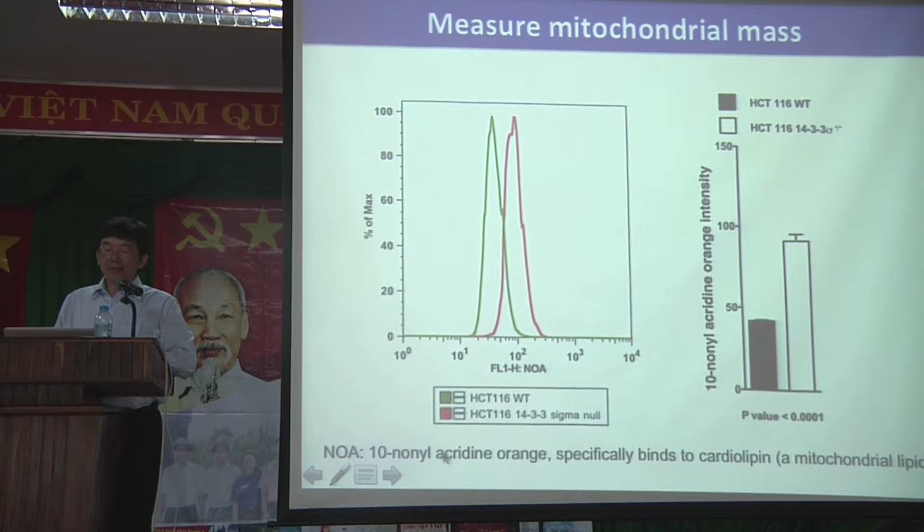With that binding, it quantitates how much cardiolipin is present. And the fluorescence of this 10-nonyl acridine orange dye would represent the biomass of the mitochondria. And here, Lin demonstrated that the loss of the 14-3-3 sigma would lead to an increase in the mitochondrial mass.